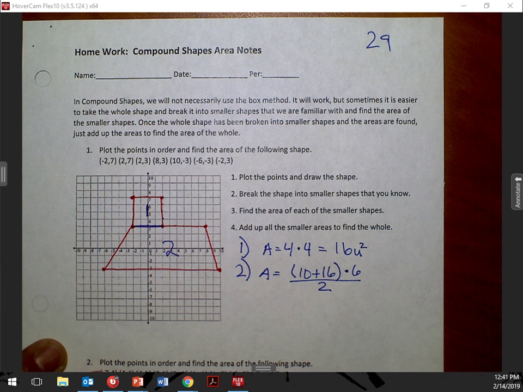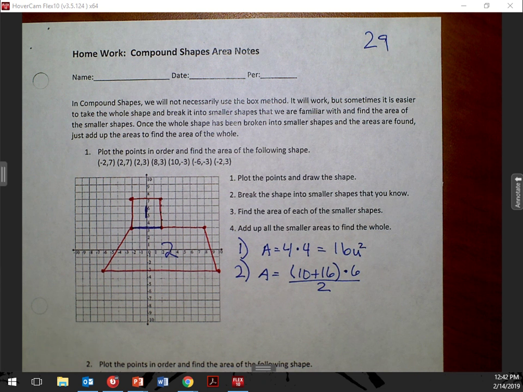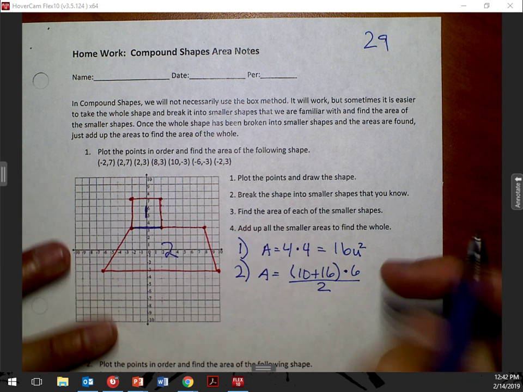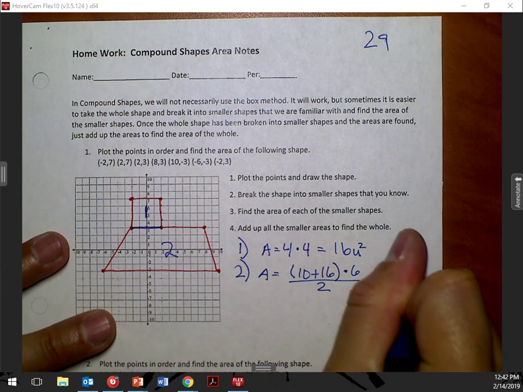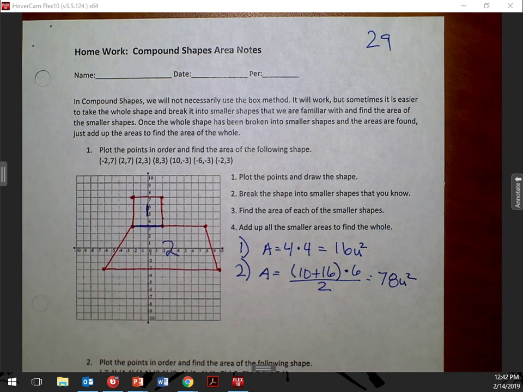Sure, Richard. 26 times 6 is 156. Divided by 2 is 78. Yeah. 78.